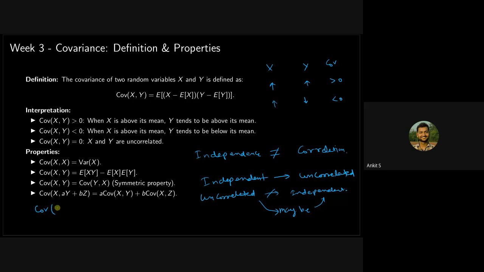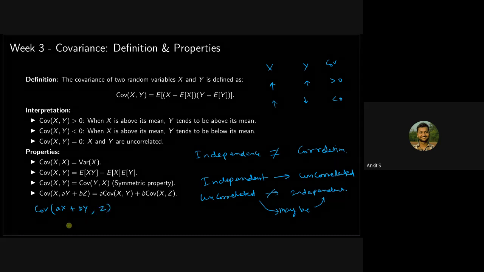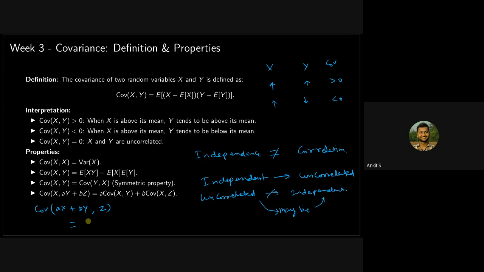Let me give you. Suppose we had the covariance of ax plus by and z. Can anyone guess what the value would be?